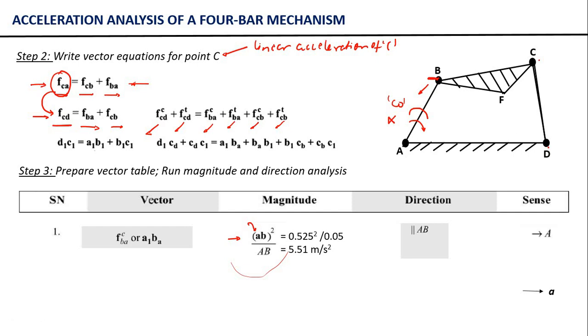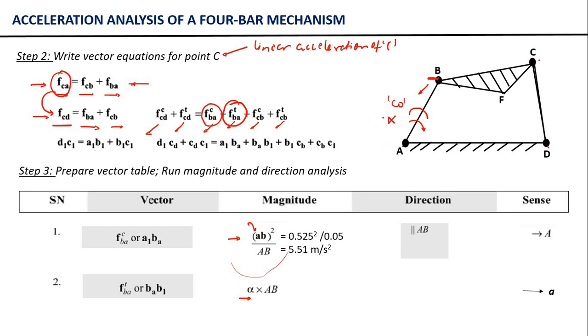Now let us move to the next vector. The next vector is obviously this one, the tangential component of FBA. So let us write it down. FBA T is equal to, let us check the magnitude of this vector, alpha AB. As we discussed in the previous session, the tangential acceleration component is given by the length of the link multiplied by the angular acceleration of the link.